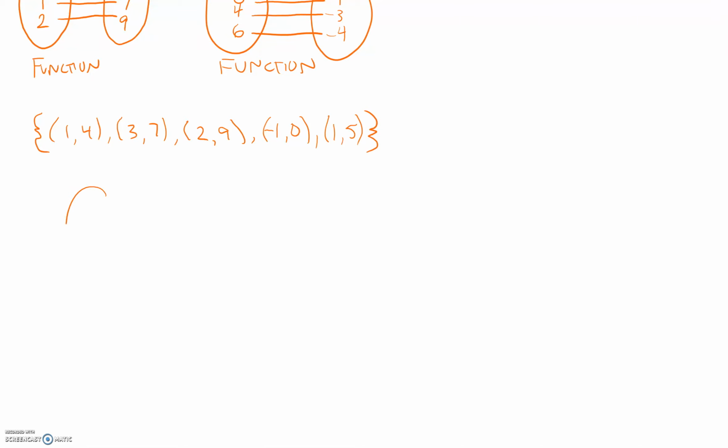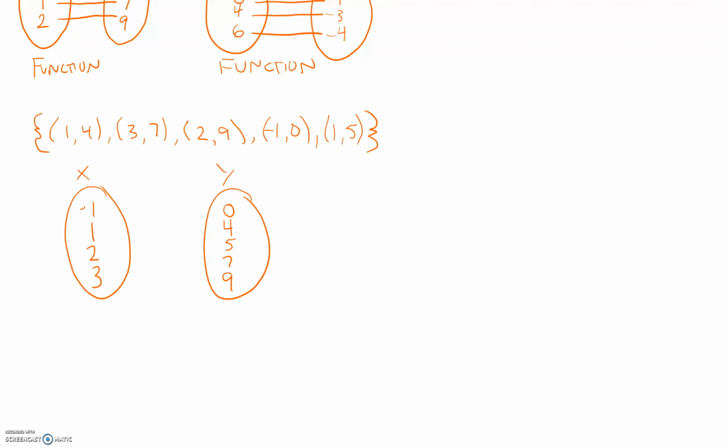We look at it as a mapping. I put them in order this time. I'll go -1, 1, 2, and 3. And then in our y values, 4, 7, 9, 0, 5. So 0, 4, 5, 7, 9.